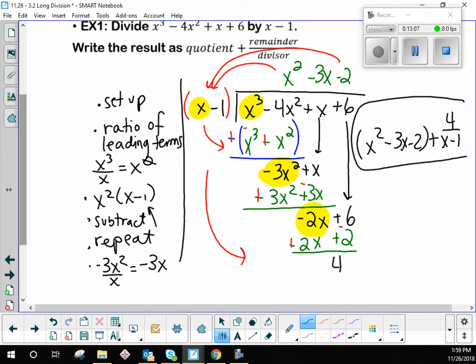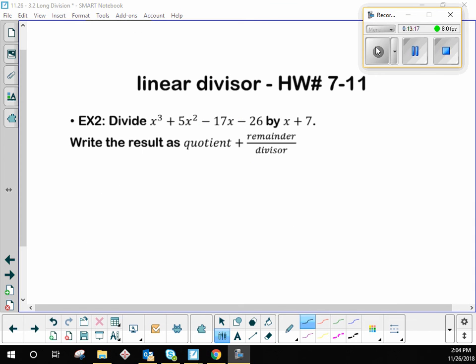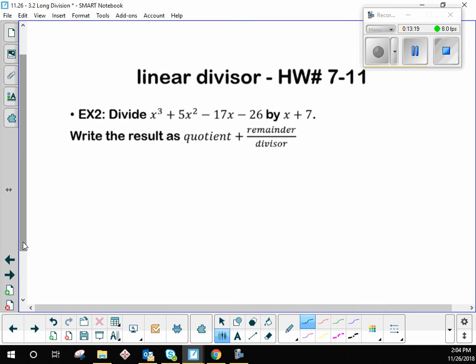So take a minute and try that problem on the bottom left. All right, so all of this goes under a division bar, and then the divisor goes on the outside.